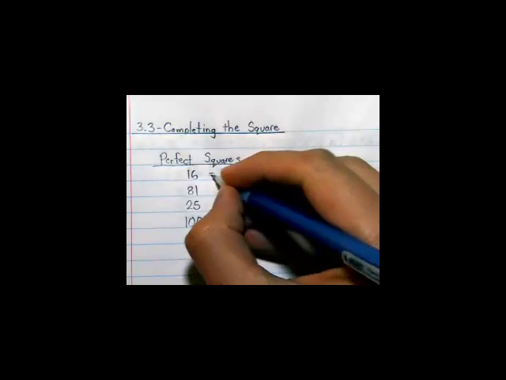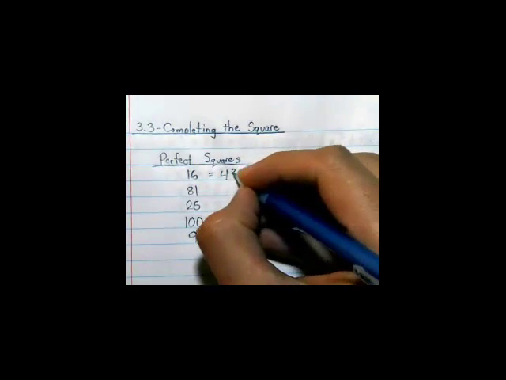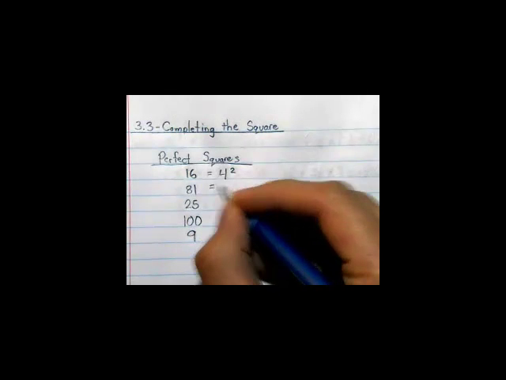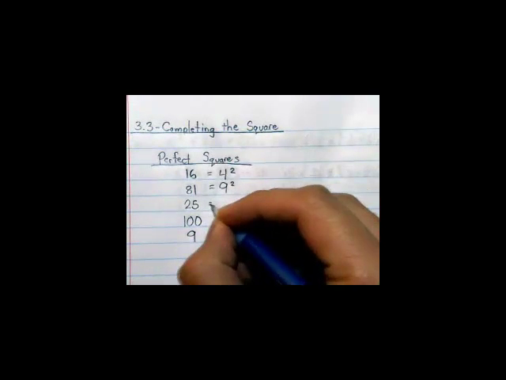Why is, like, the square root of 16 4? What does that mean? Yeah. 4 times 4. Okay. So they're numbers where there's some other number that you multiply with itself to get that one. And you can write them as, well, squares. So 16 is 4 squared. And 81 is 9 squared, etc.